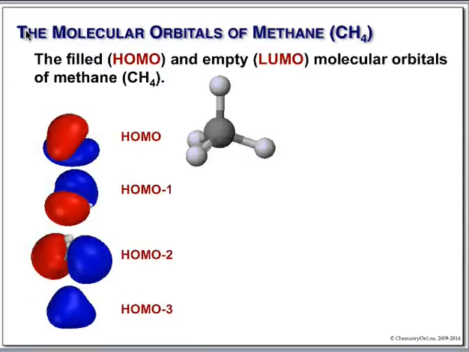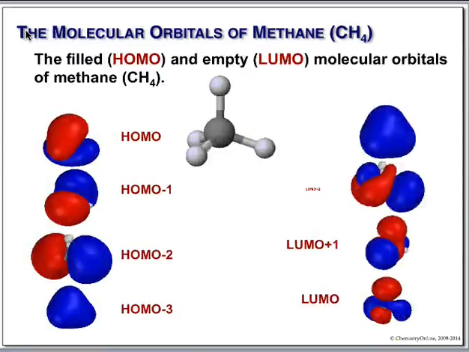This is the highest energy. These are lowest energy. We also have regions of space where electrons aren't. These are the lowest unoccupied molecular orbitals. This is the lowest energy, and this is the highest.